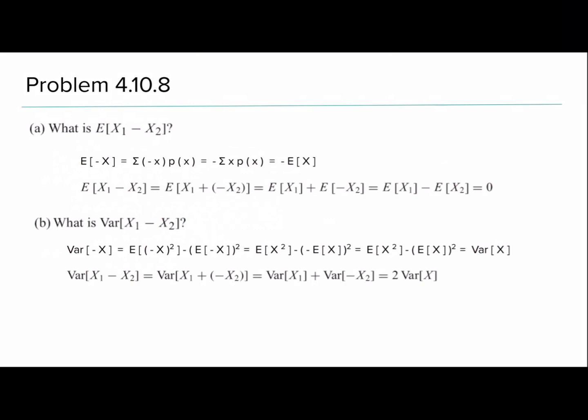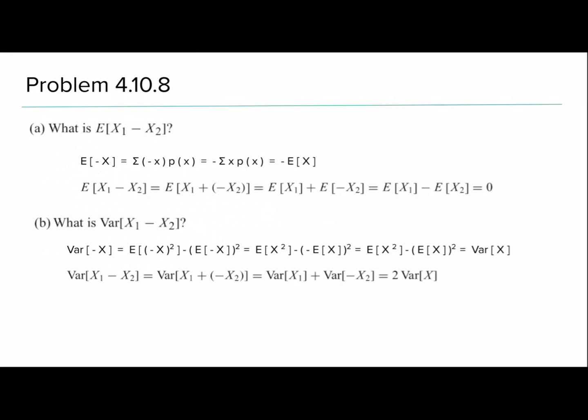E of x1 minus x2, since these are independent random variables, you can just separate the terms. So E of x1 minus x2 will be E of x1 plus E of minus x2, which comes out to be E of x1 minus E of x2, and since x1 and x2 are identically distributed, this comes out to be 0.